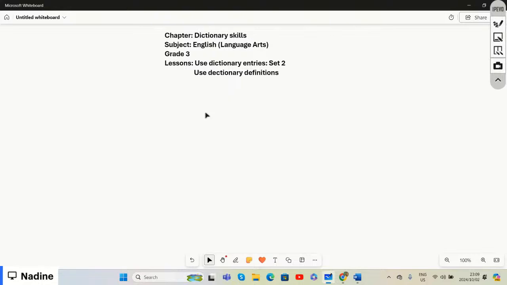Sometimes they'll give you the plural forms of the word. And depending on the number of meanings of that word, for example if there are three meanings, all three will be in number form. Number one gives the first meaning and an example of how to use it, then the second meaning and how to use it, and the third meaning.